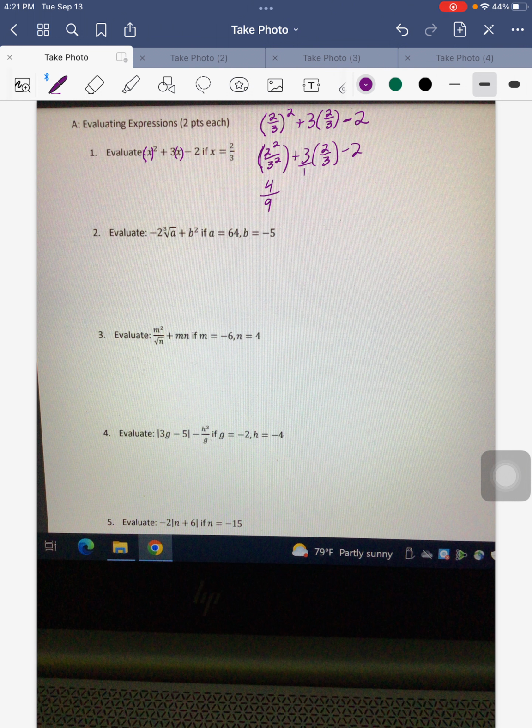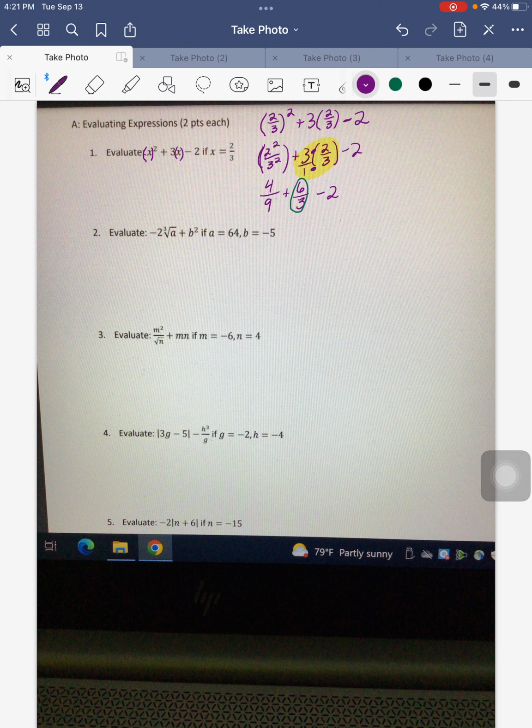And then if I'm looking at the middle term, I'm going to multiply those together. When you multiply fractions, you multiply the numerators and multiply the denominators. 1 times 3 is 3. Now we're looking to simplify each term if we can. 4/9 I cannot simplify. 6 over 3, that I sure can.